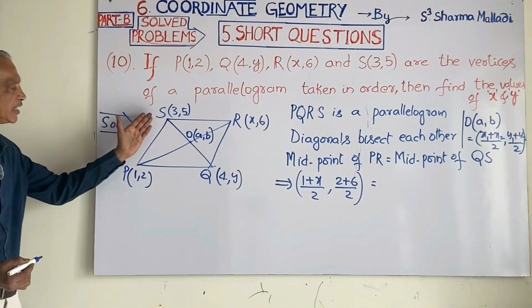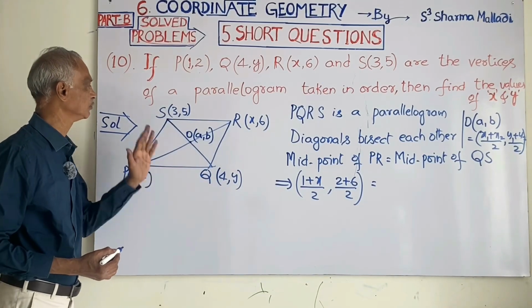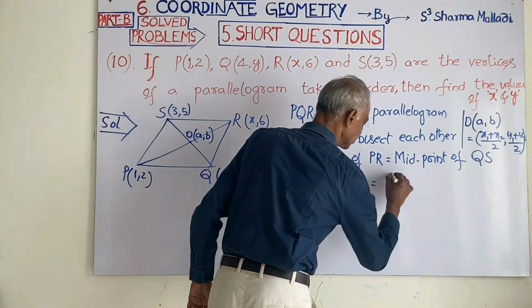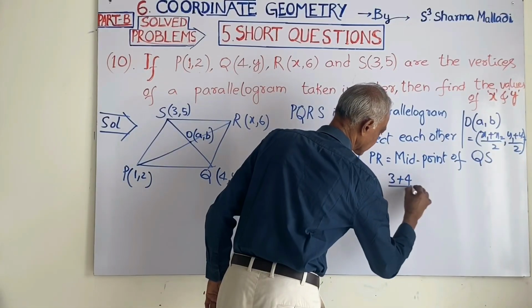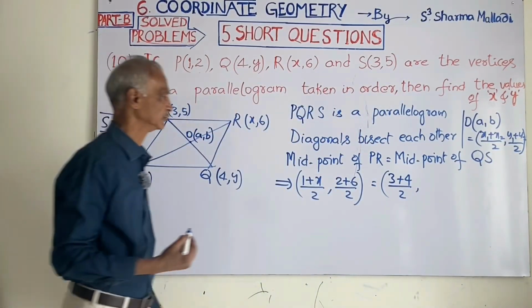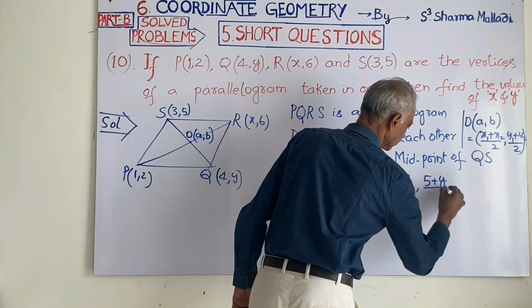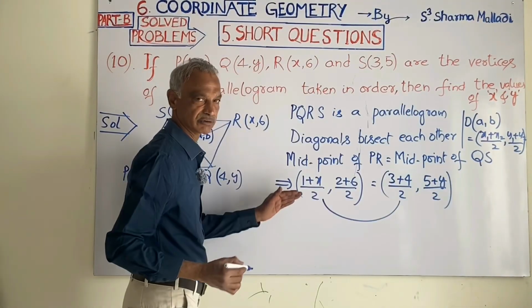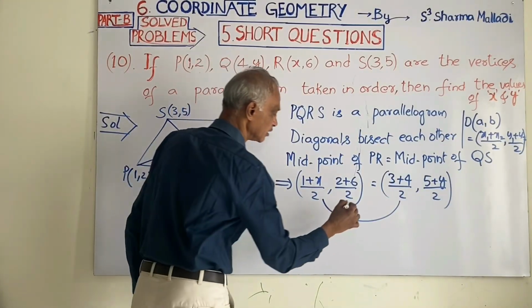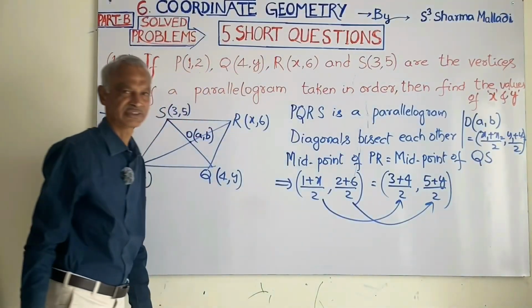Next, the midpoint of SQ or QS is ((3 plus 4) by 2, (5 plus y) by 2). You have to equate the x coordinates and also the y coordinates.